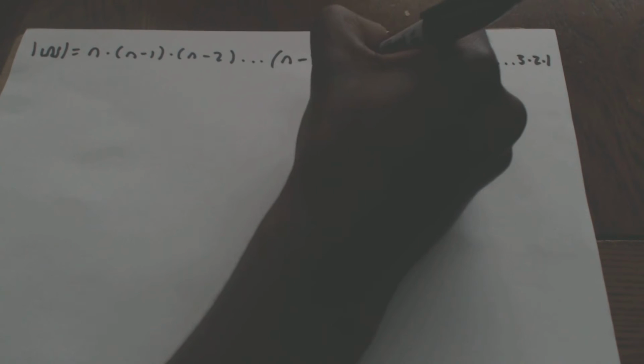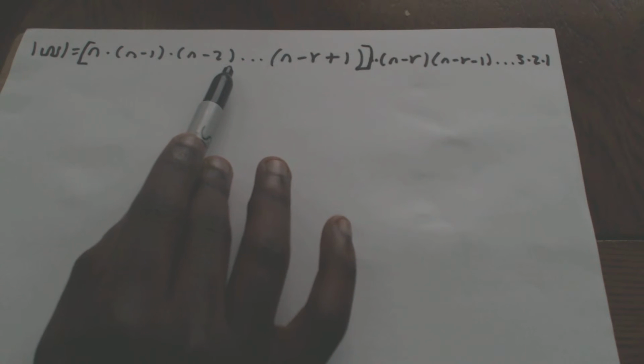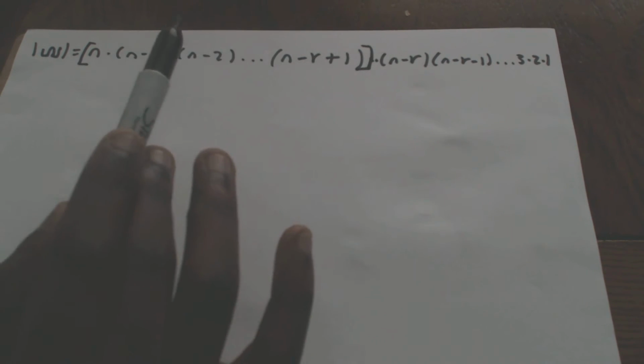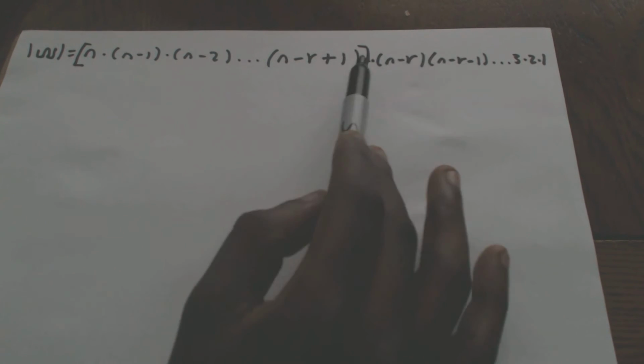Okay, but don't forget, what I put in square brackets, this is the sample space, right? So by me timesing by n minus r minus 1 and all this, this is going to affect the sample space. So I still want to have my sample space, right? So obviously what I'm going to do is divide by the same thing.